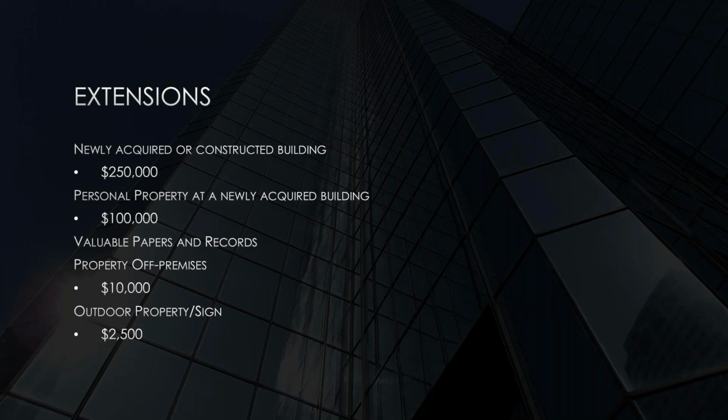And so you can get the inland marine sign coverage, which will increase the value of the sign. But you do get $2,500 free if you have 80% of coverage to the value of the building. Right? So again, these are extensions that are typically added to the policy for free as long as you have reasonable amounts of coverage.